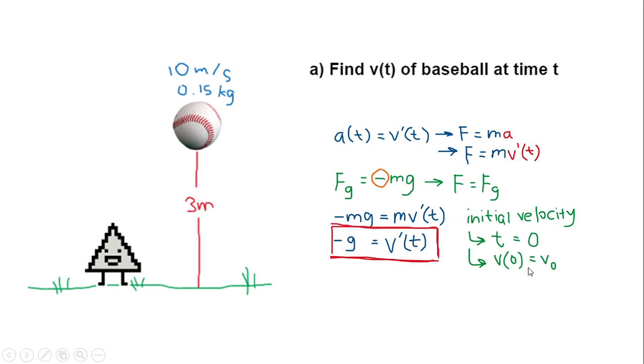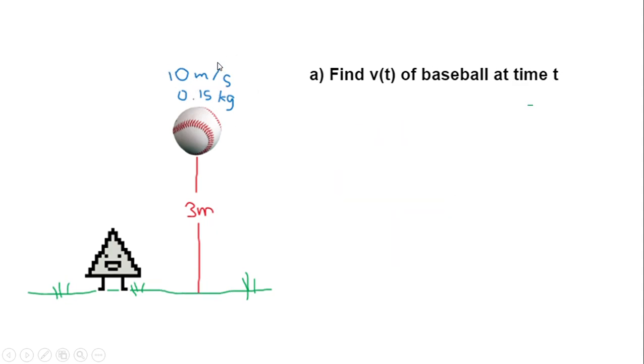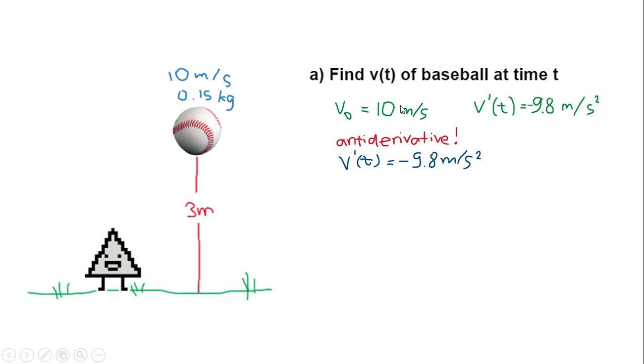And we know the value of v when t equals 0, and that is 10 meters per second. Now that we know both of these important pieces of information, the first one being initial velocity is 10 meters per second, and the derivative of v with respect to t equals minus 9.8, we can start solving for v(t).